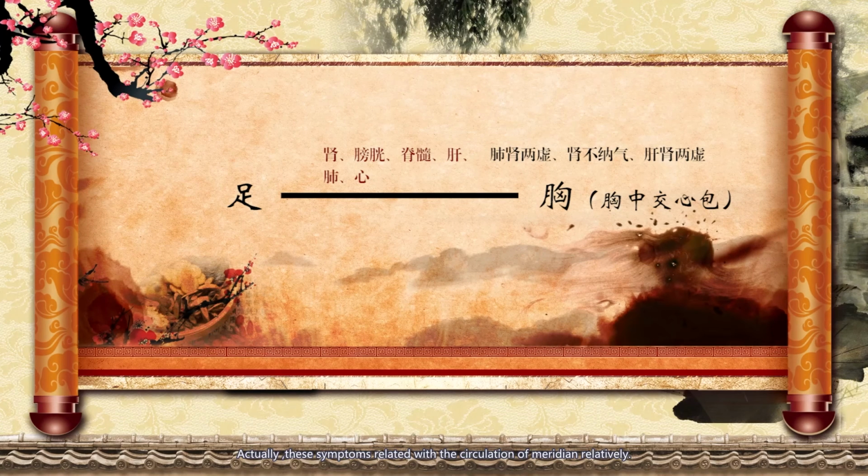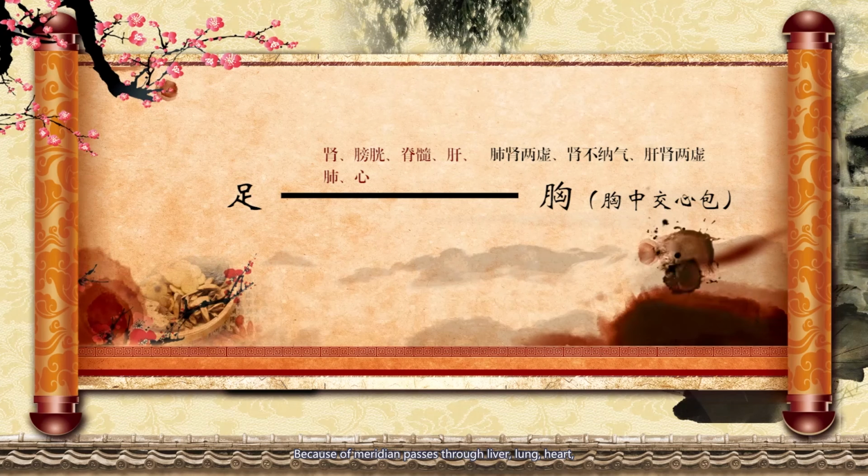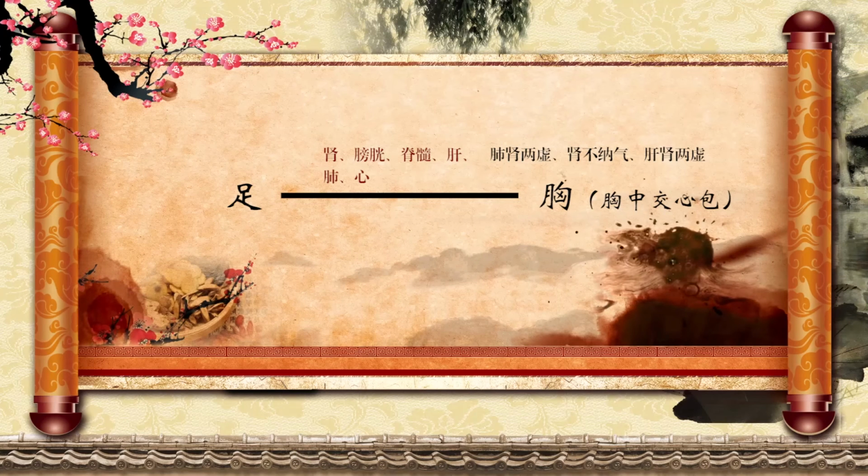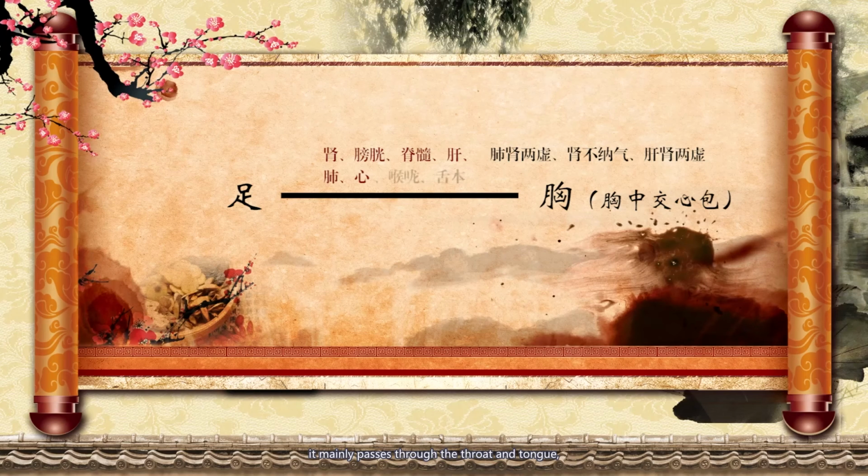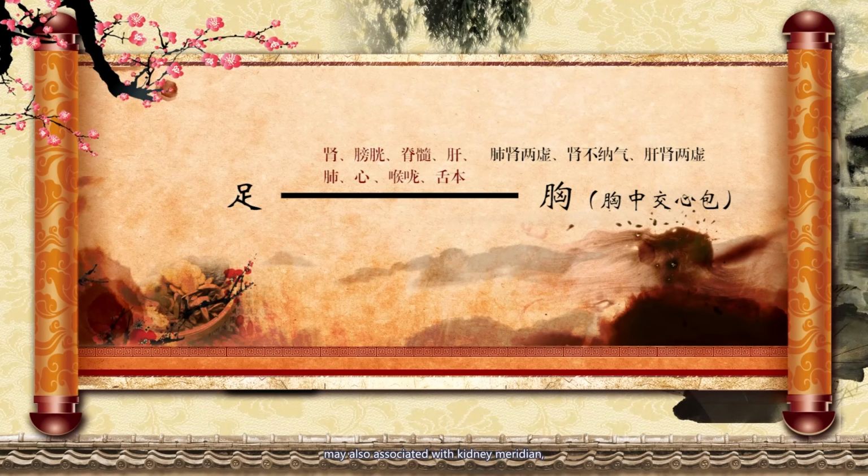Actually, these symptoms are related to the circulation of the meridian, because the meridian passes through the liver, lung, and heart, so it connects with them. It mainly passes through the throat and the tongue, so when the throat and tongue go wrong, it may also be associated with the kidney meridian.